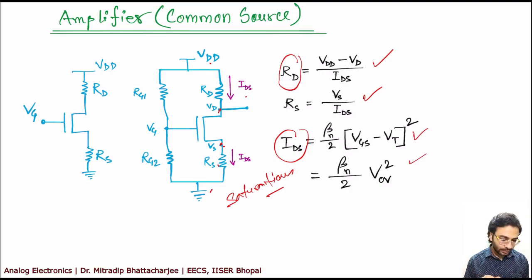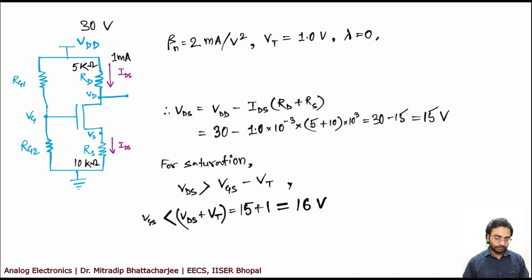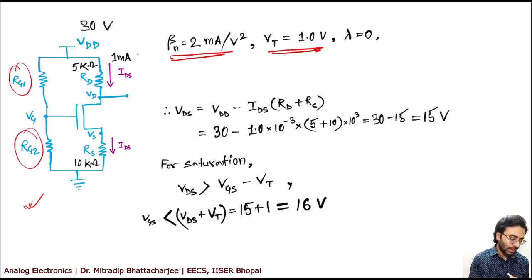Now let us see one problem. If you solve it, then you will get to know what the equations are. So say this is your problem where RD value, RS value, IDS value, VDD value is given. Your beta n value is also given. VT is equal to 1 volt. And the purpose of this whole problem is to figure out RG1 and RG2 so that your IDS value is 1 milliampere.